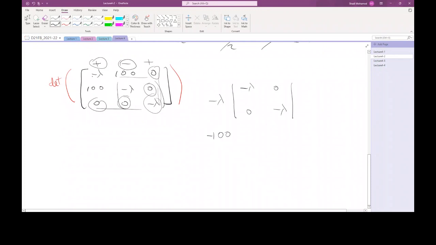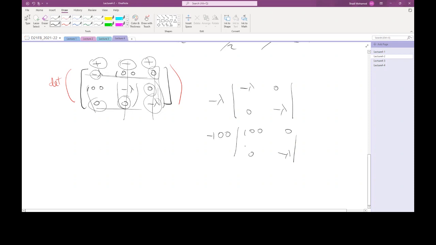Here I have plus minus, so the minus will be left. Here I have minus plus, so the minus will be left. Multiplied by, I'll cancel this one and this one, so I'll be left with 100, 0, 0, minus lambda. And then this is added to 0 multiplied by the determinant of this part, which is 0 anyway, so I'm not going to consider that.